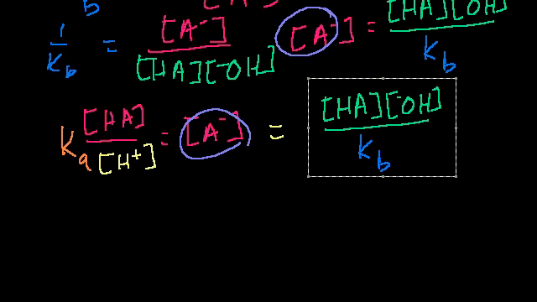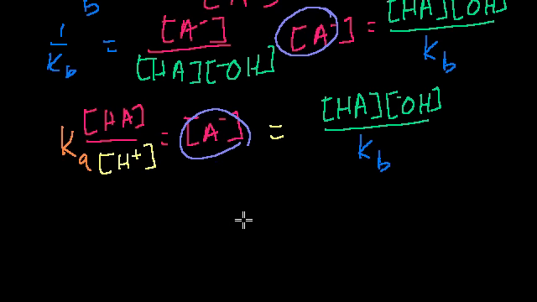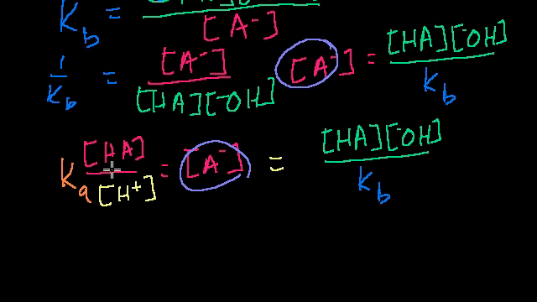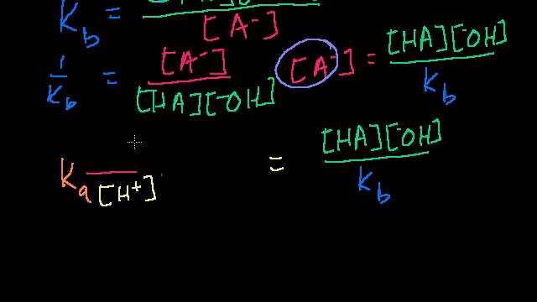One thing we can do is divide both sides by HA. Actually, I could have done that earlier on in the whole thing. But if we ignore this part right here, they both equal the concentration of A minus. So that's equal to that. We can divide both sides by HA, so this over here will cancel with this over here.